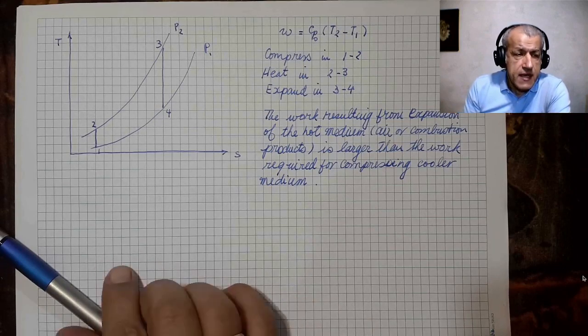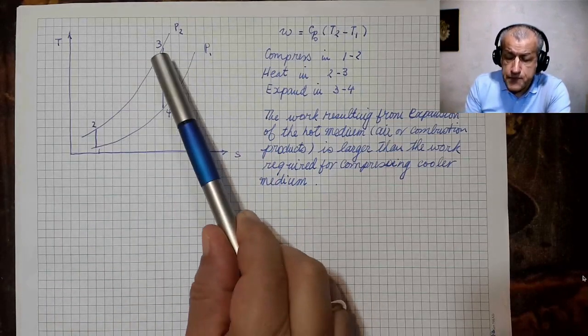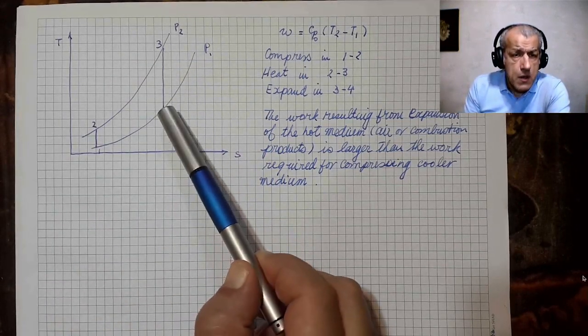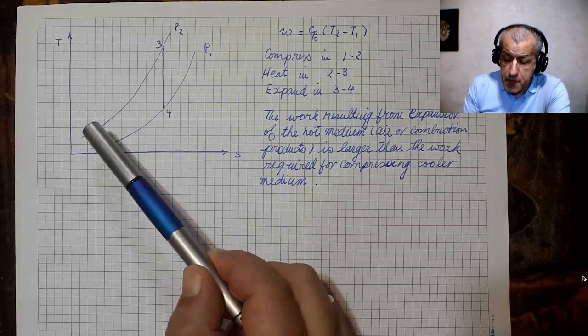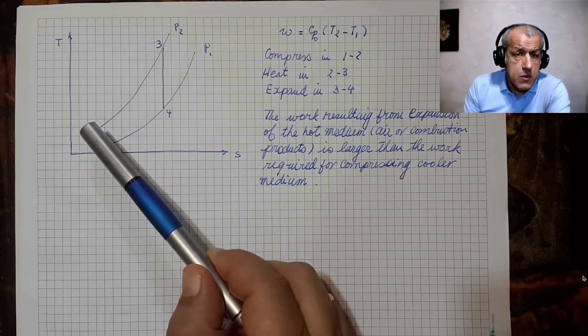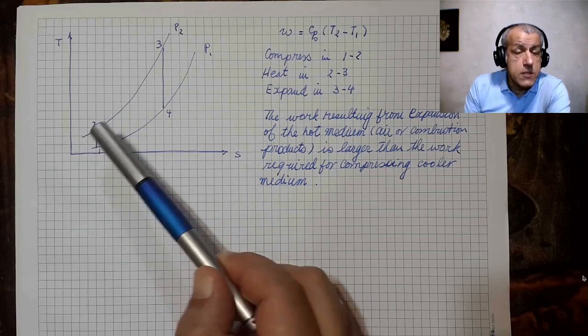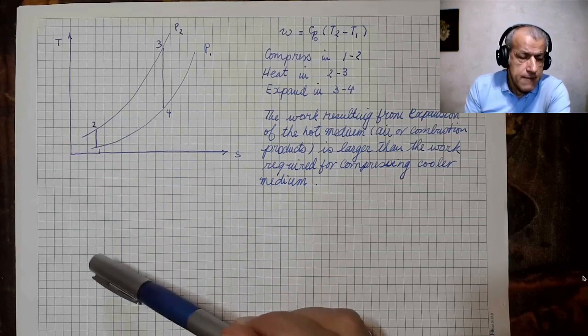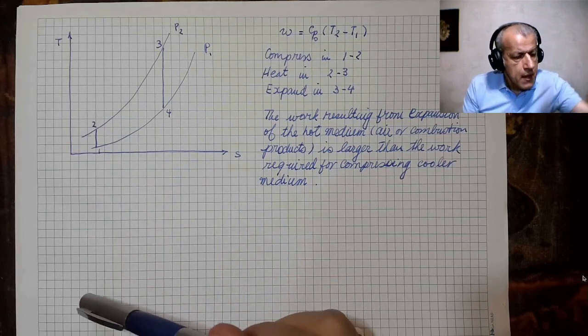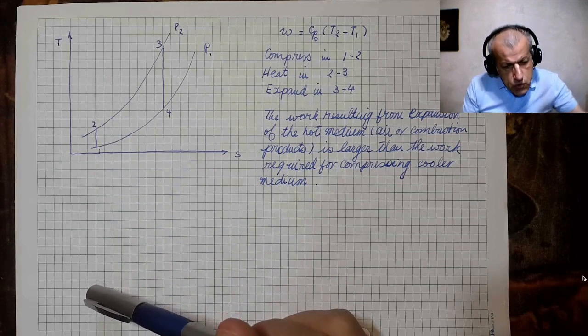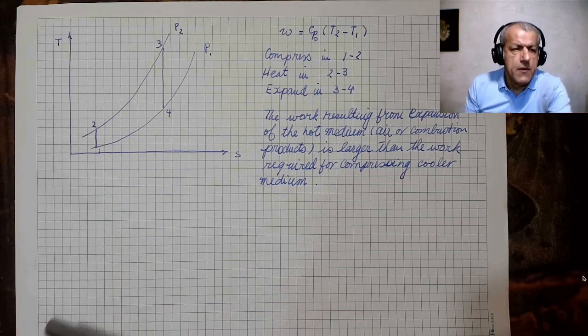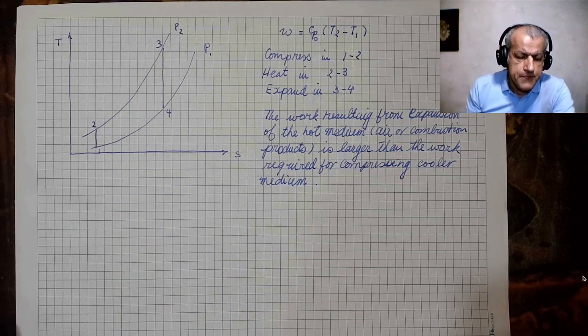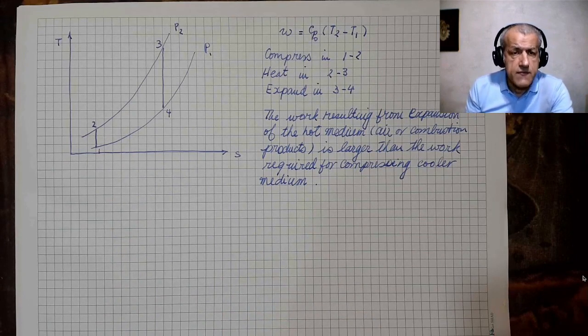And the difference gained from work between 3 to 4 compared to the work required between 1 to 2 is the useful work that we gain. Now, usually the problems for gas turbines give us a few data which are very classic and very practical.